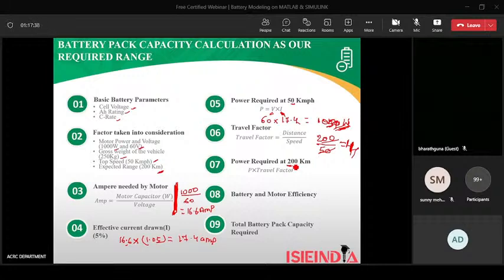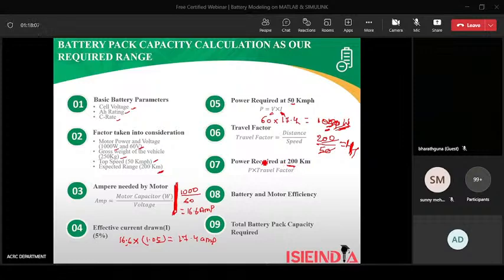Now I got a travel factor of 4. Initially I got this power, which is 1050 watt.